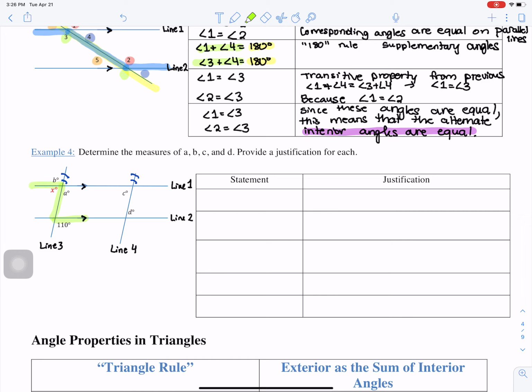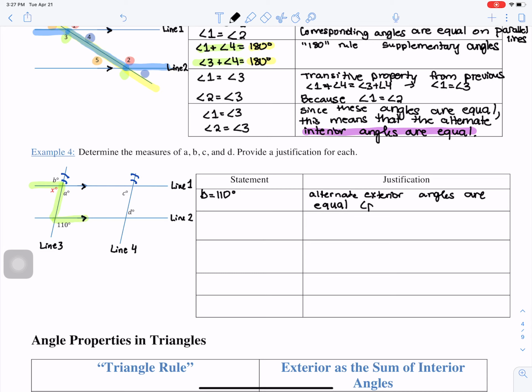So B and 110 have to be equal to each other because they're alternate exterior angles. So angle B is equal to 110 degrees, and I'm going to say alternate exterior angles are equal.